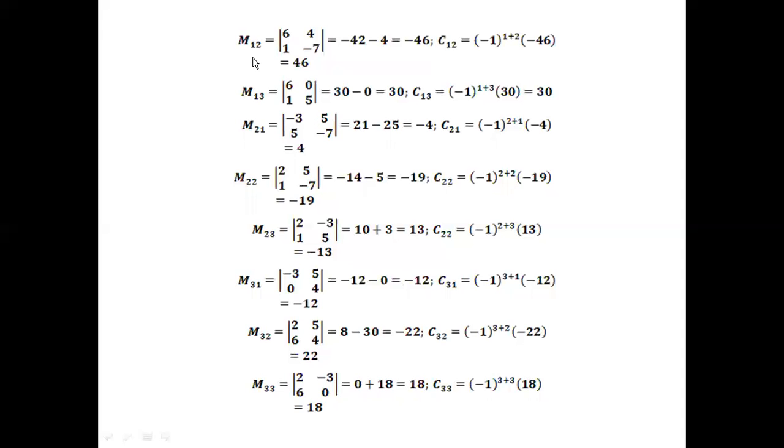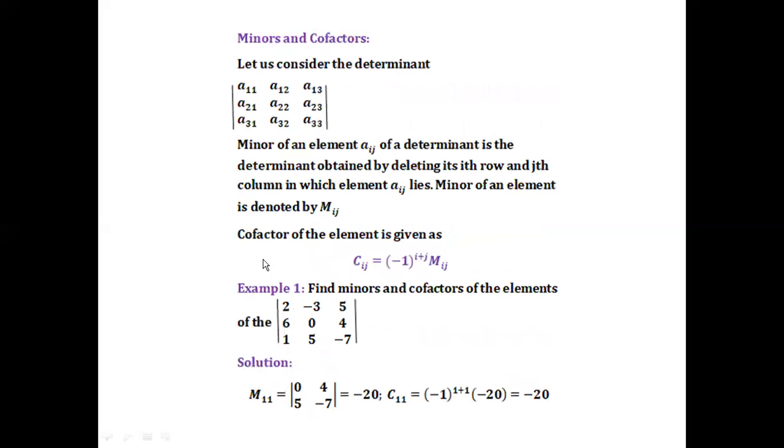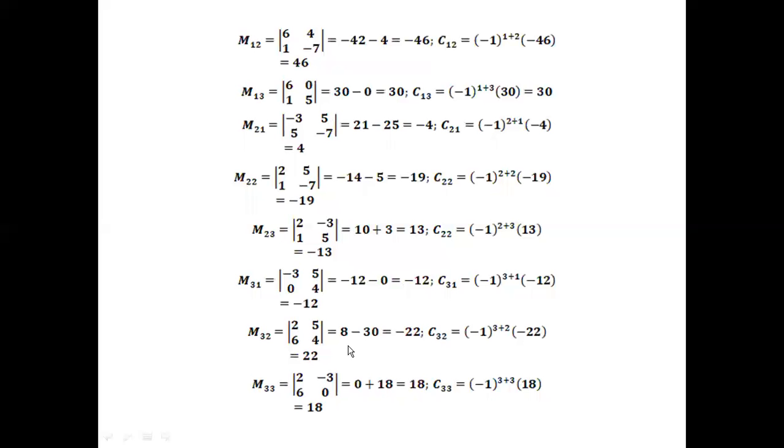Now M12, the minor of the second element A12, which is present in the first row, second column. So delete the first row and second column, and take the determinant of 6, 4, 1, minus 7, and solve this determinant. 6 into minus 7 is minus 42, minus 4, which is equal to minus 46.